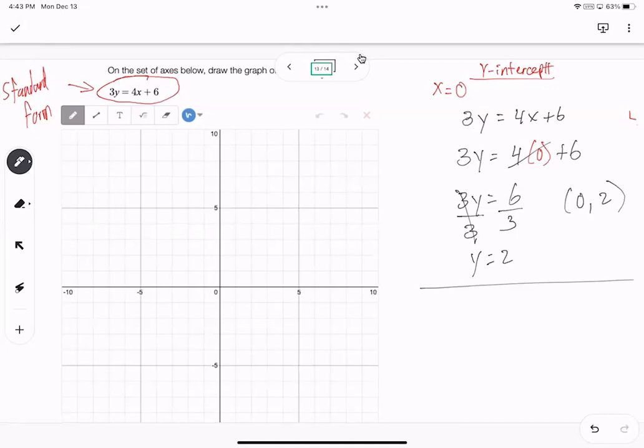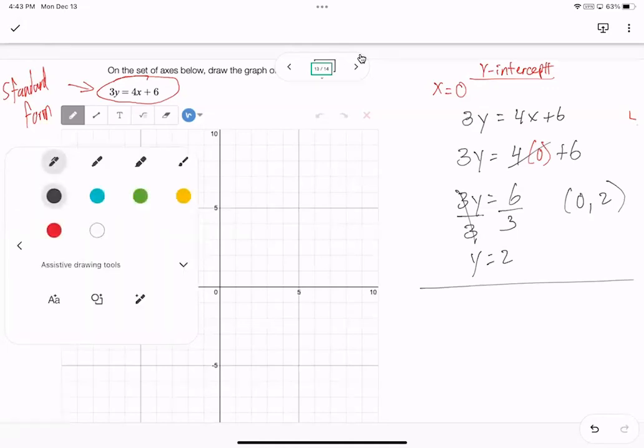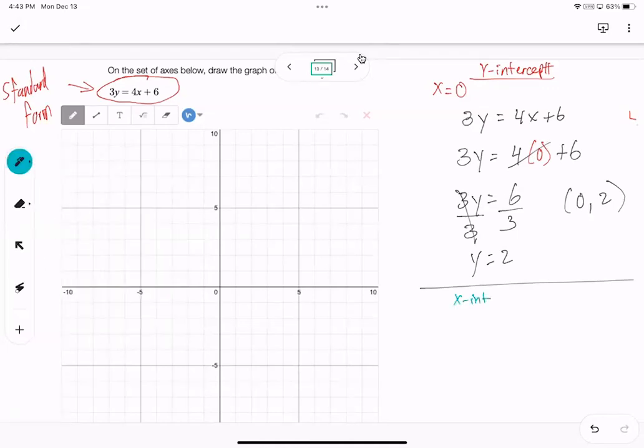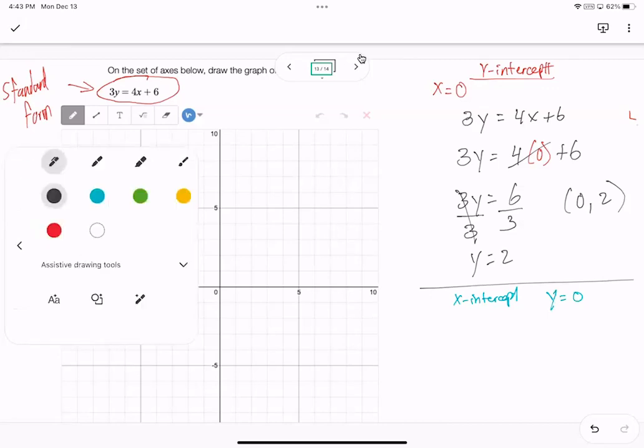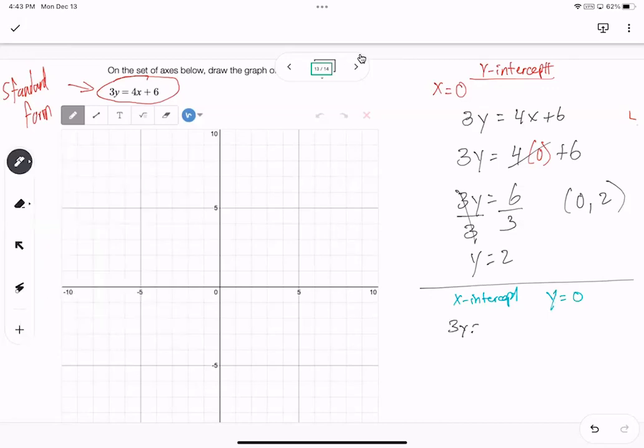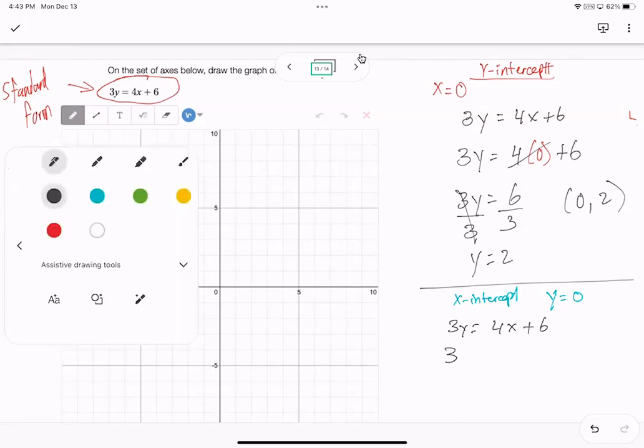Now we're going to find the x-intercept. At the x-intercept, y is equal to 0. So again, we're going to rewrite that equation. 3y is equal to 4x plus 6. This time y is 0.